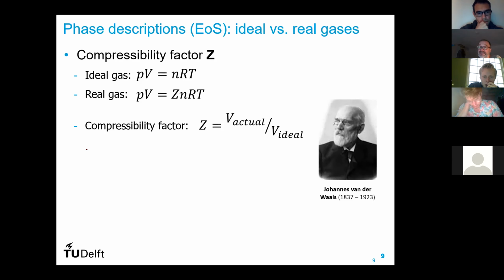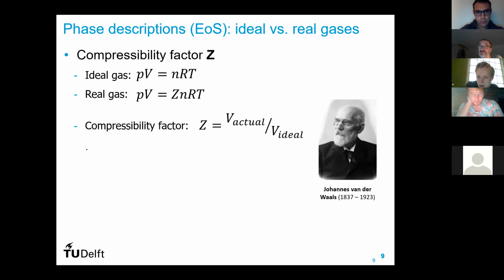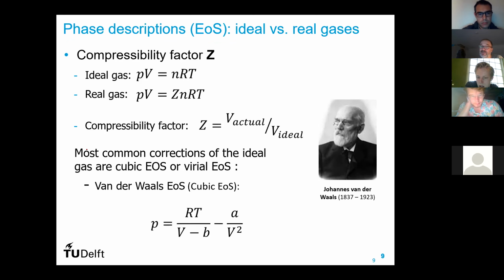The idea is that if you look into this difference in volume between ideal and real gases at certain conditions, that is what's called the compressibility factor. This is the most common correction, introduced by van der Waals. He was for a long time a professor. No, sorry, he got his PhD in Leiden, but then he moved to Amsterdam and he was teaching there.